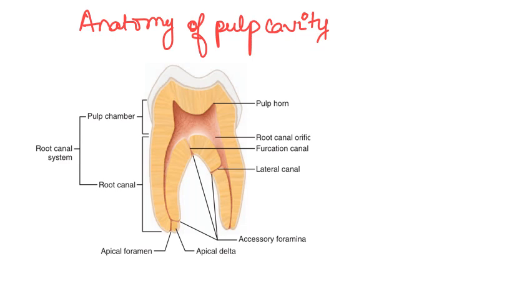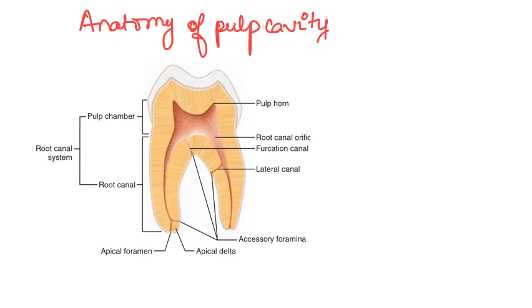Once you cut the floor, you will enter into the furcation area. After that, any root canal will exit the tooth apex through an opening called the apical foramen. Through this apical foramen, your blood vessels will enter and exit the root canal. This root canal is the primary canal, the main blood supply. Apart from that, you all know a pulp cavity is a three-dimensional structure. You have a lot of accessory canals.